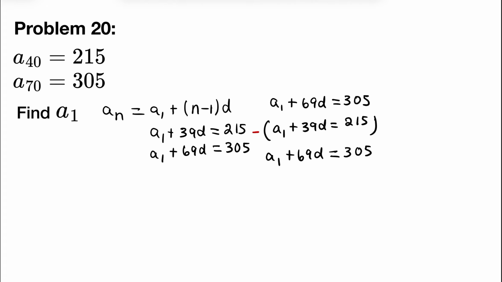And I will go ahead and subtract. So we have minus a sub 1 minus 39d equals minus 215.